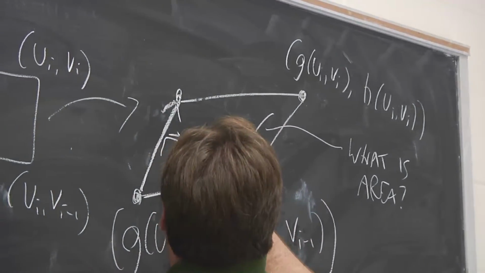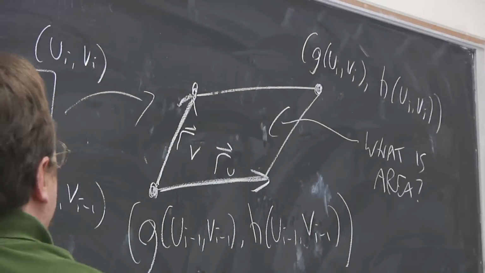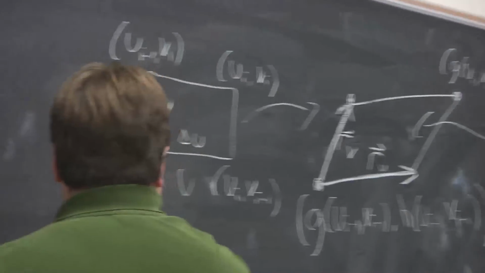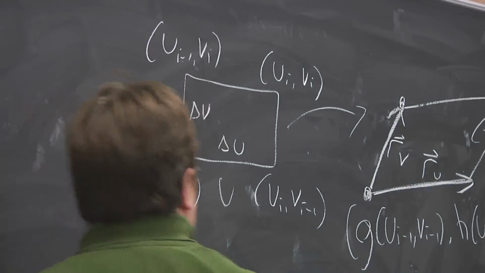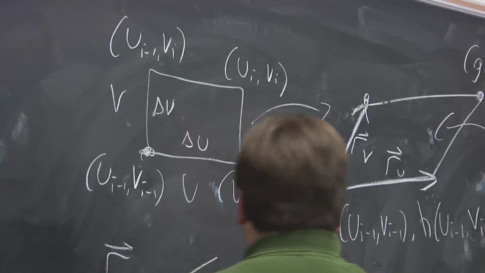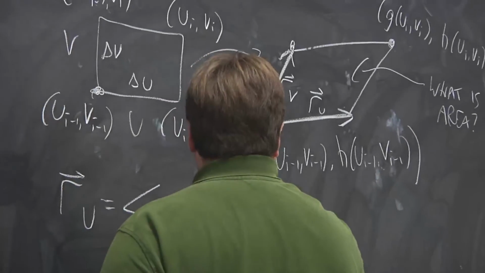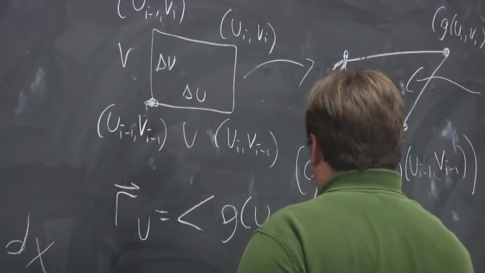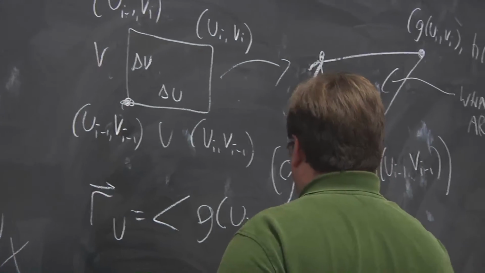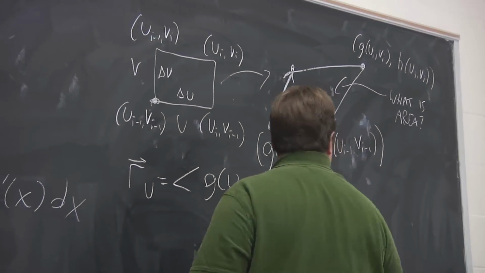I'll call these r_v and r_u. So the vector r_u, we can write down what that is. The x-coordinate will be g of (u_i, v_{i-1}) minus g of (u_{i-1}, v_{i-1}).